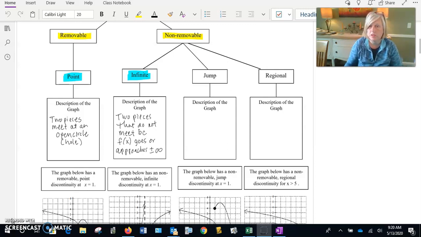Now let's talk about the jump discontinuity. The jump discontinuity is also two pieces that do not meet.